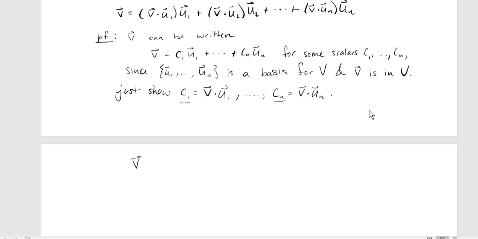Let's pick up with our linear combination here. Let me even write out a few more terms of this to be clear. Okay. Now we do the same sort of trick we saw before. We will dot both sides of this with, for example, u1.